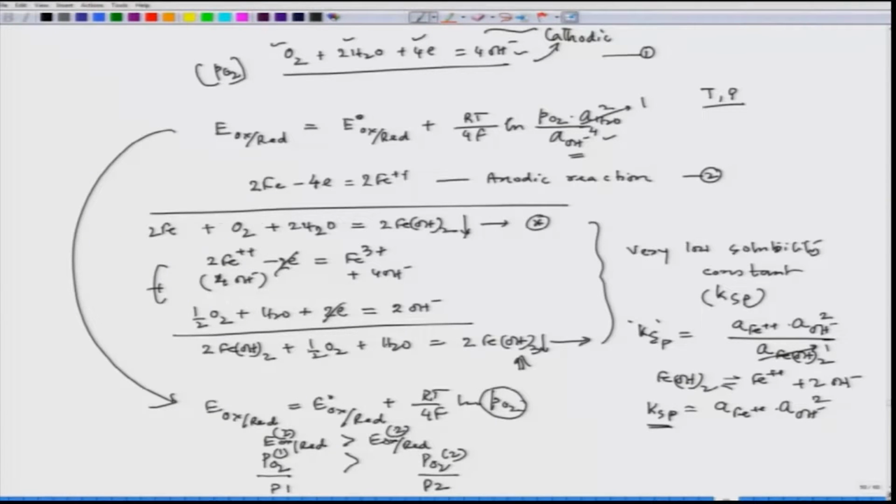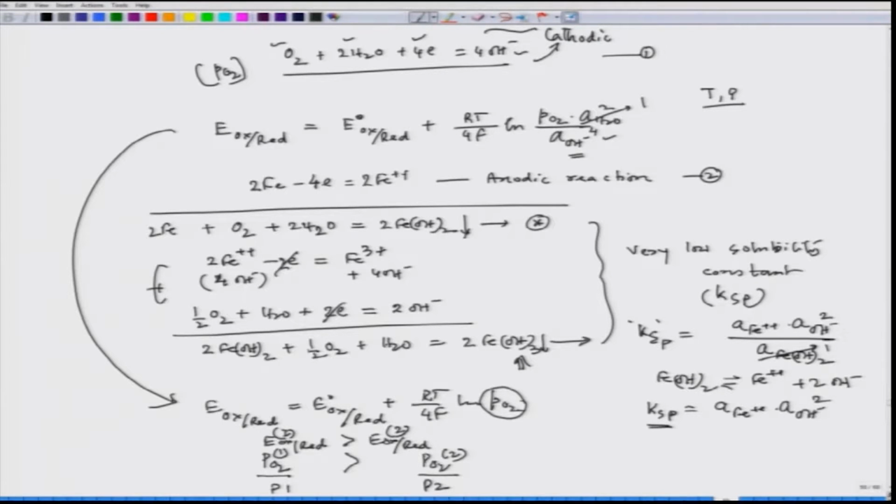So that means because of the difference in dissolved oxygen pressure at two places which are electrically connected, there is a difference in potential.